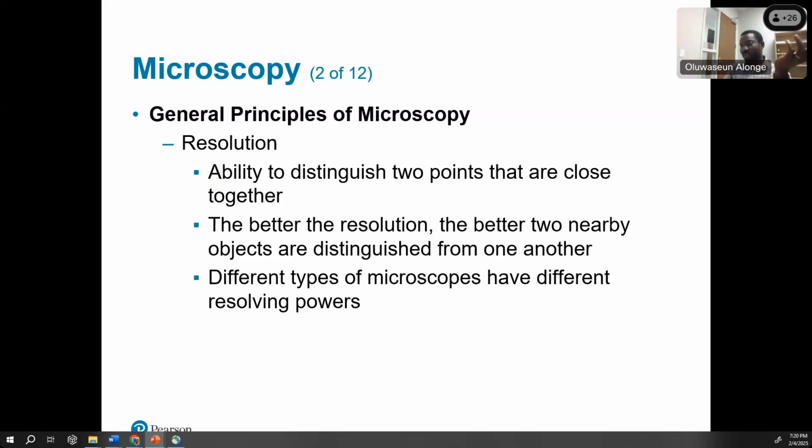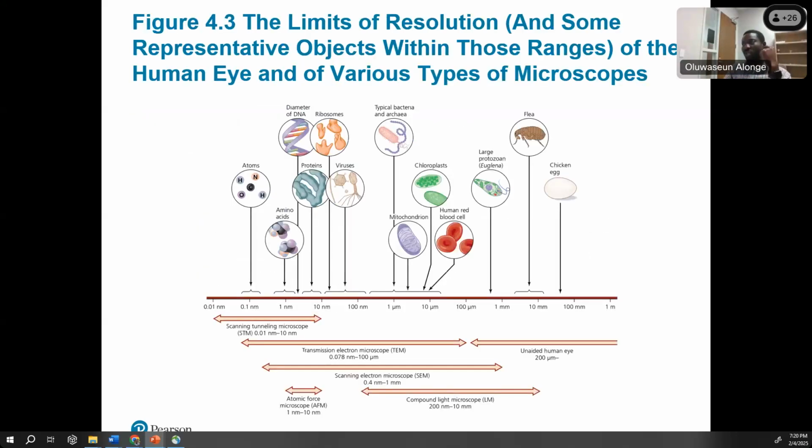Different microscopes have different resolution powers, which we'll look at. Now, you see this showing you different objects and how they have been observed in different microscopes with different resolutions. So if you look at this, for instance, the scanning tunneling microscope, this is the limit of what you can see.